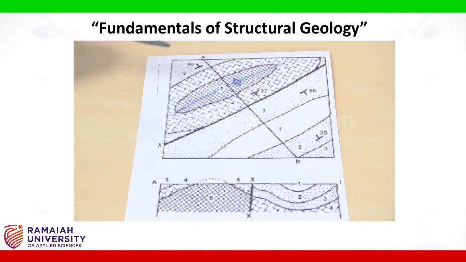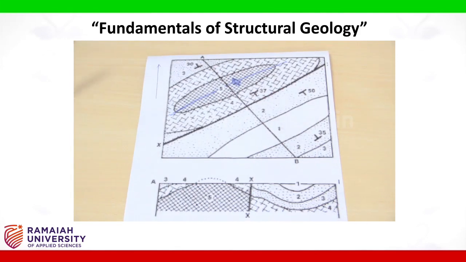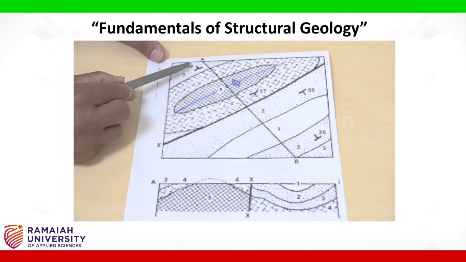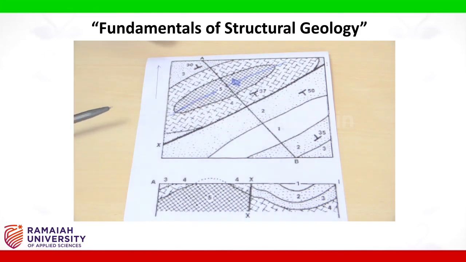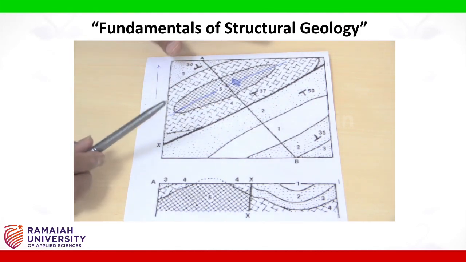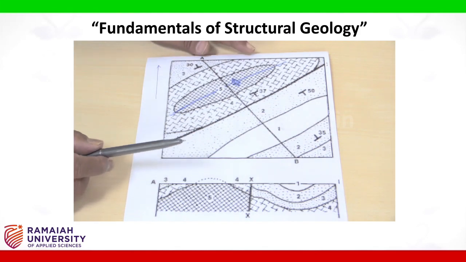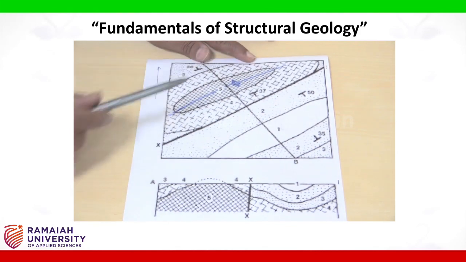In this geological map, there are many features. Here, this shows different rock types represented by different symbols or hatches, and there are certain markings over these individual beds.